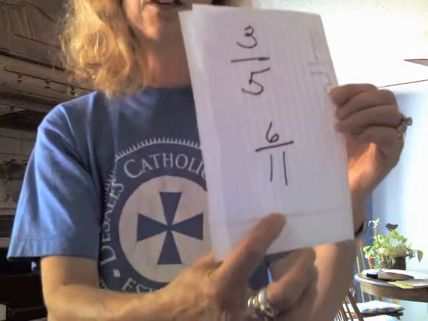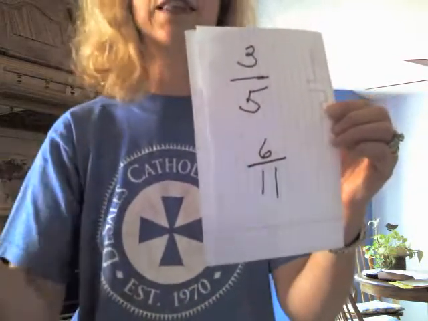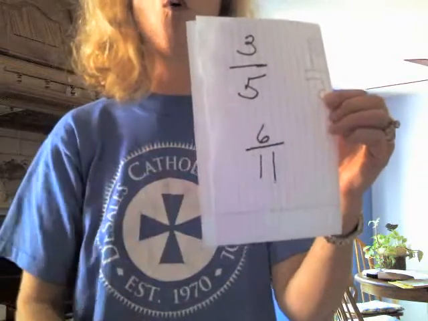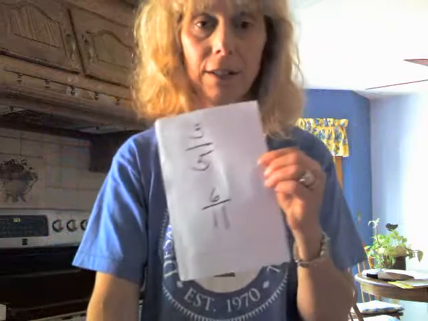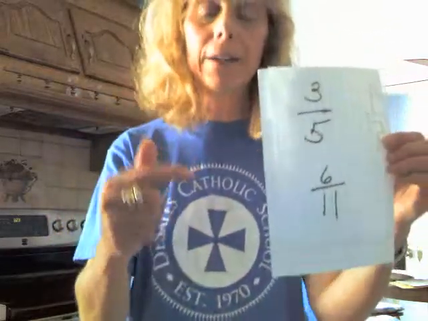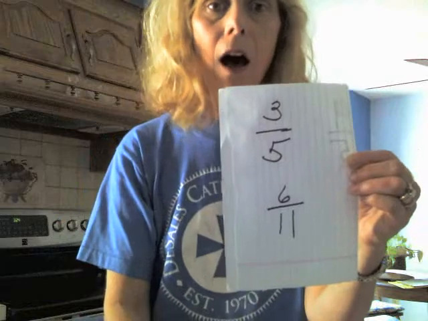Same way with this. You have 11 pieces, the whole pie is cut into 11 pieces, and you're going to only eat 6 pieces of it. This is a fraction. Notice part over the whole. And the part is always small, isn't it?